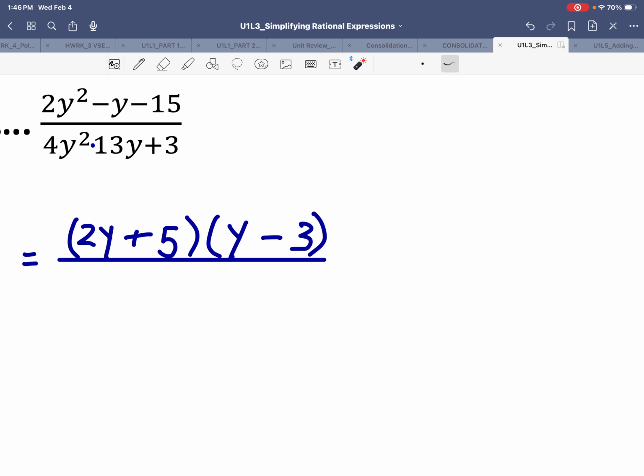Now, in the denominator, we have the 4y. I'm going to add this. I hope it's an addition. And we have 4y squared plus 13y plus 3. So let's see how this is going to turn out to be 4y squared and 13. So that's going to be a 12th. Okay, good. So we're going to break down number 3 into 1 and 3 here.